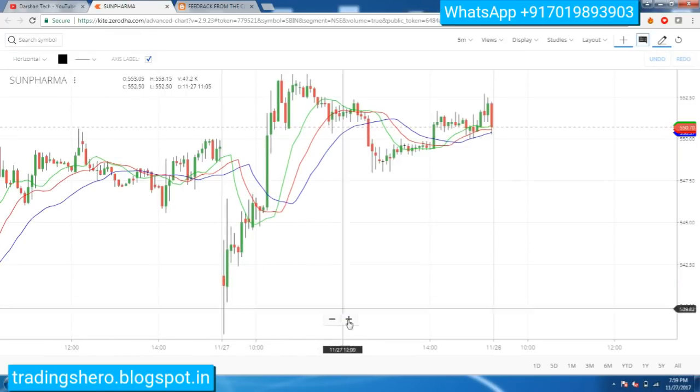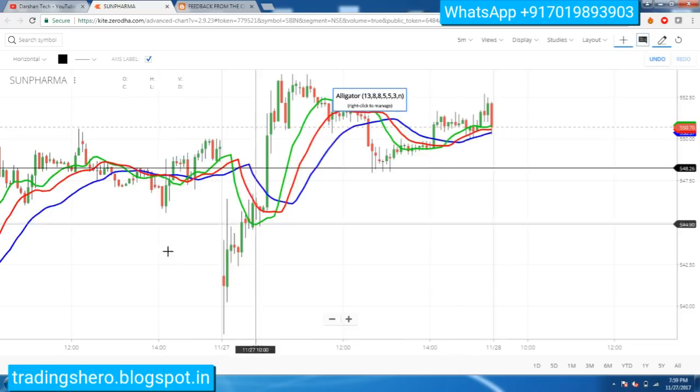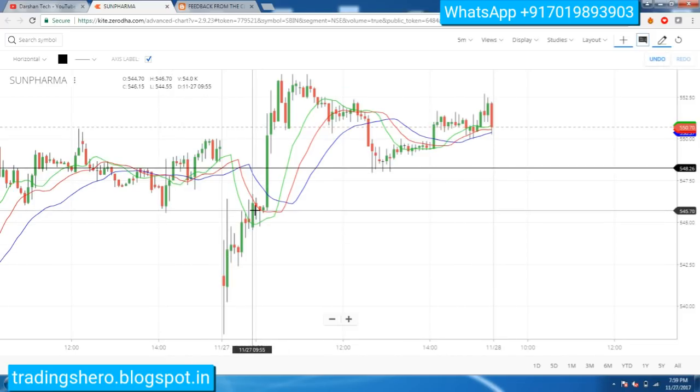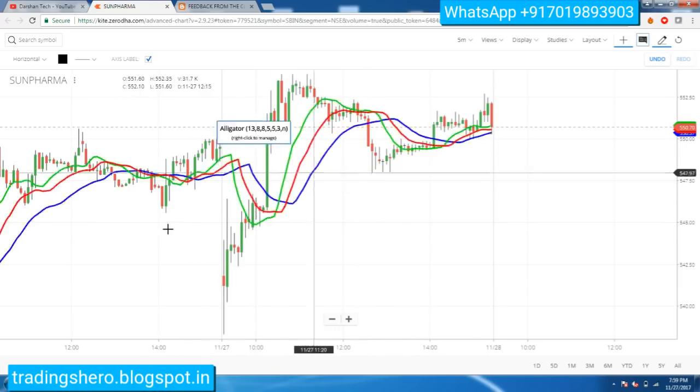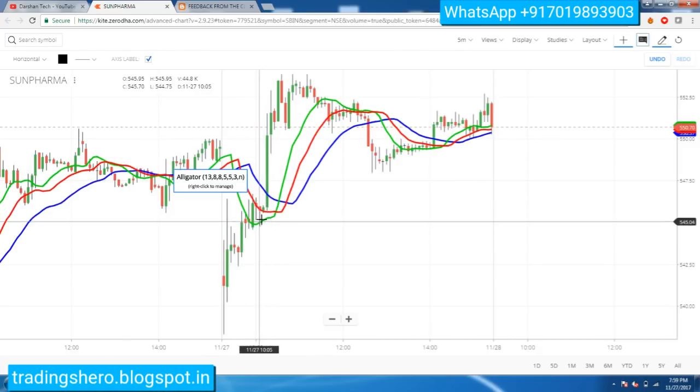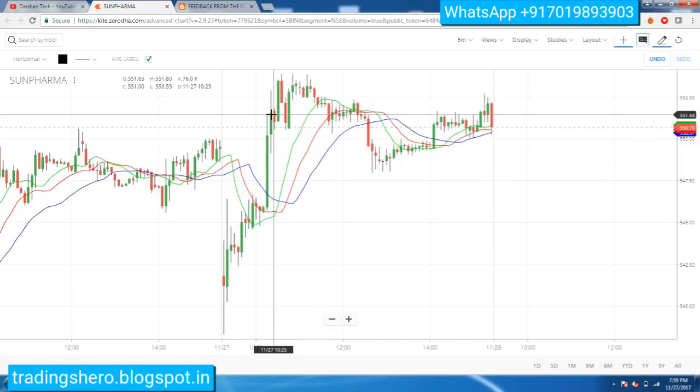As you can see, this is Sun Pharma again today, so it was down. Always make sure to use it after 10 o'clock only. Don't use it before that. Today in Sun Pharma, as you can see, it broke all the EMAs and went up here. The signal candle high is 551.50.